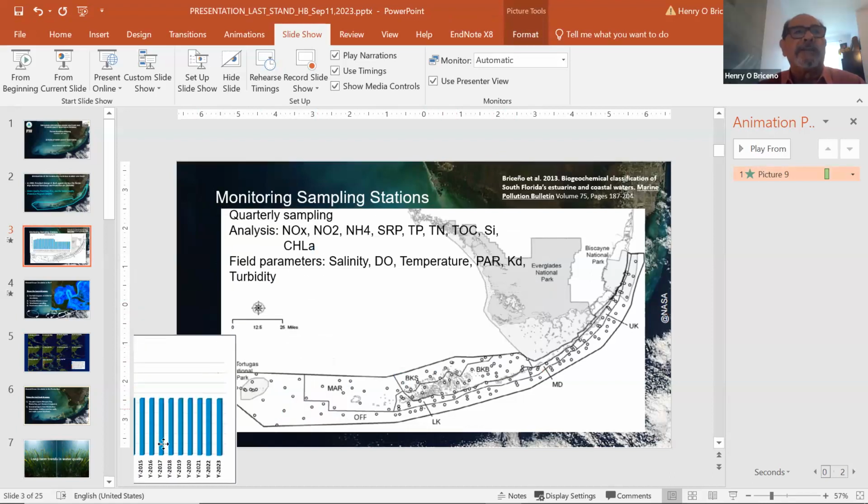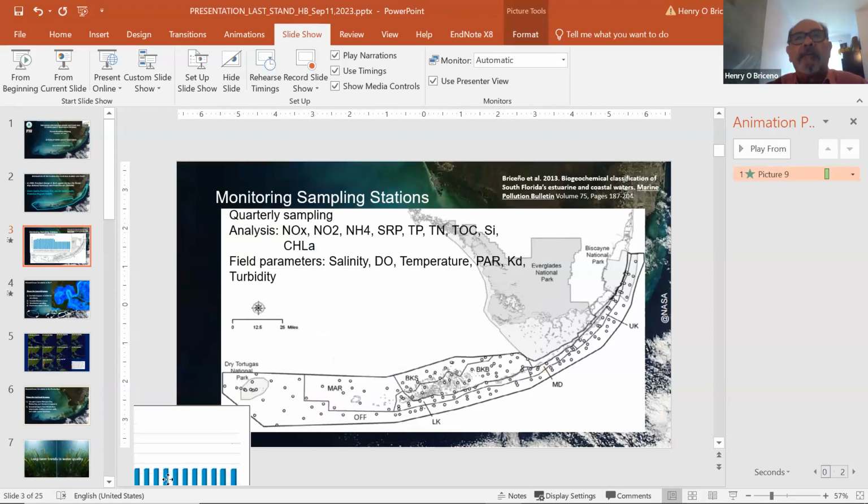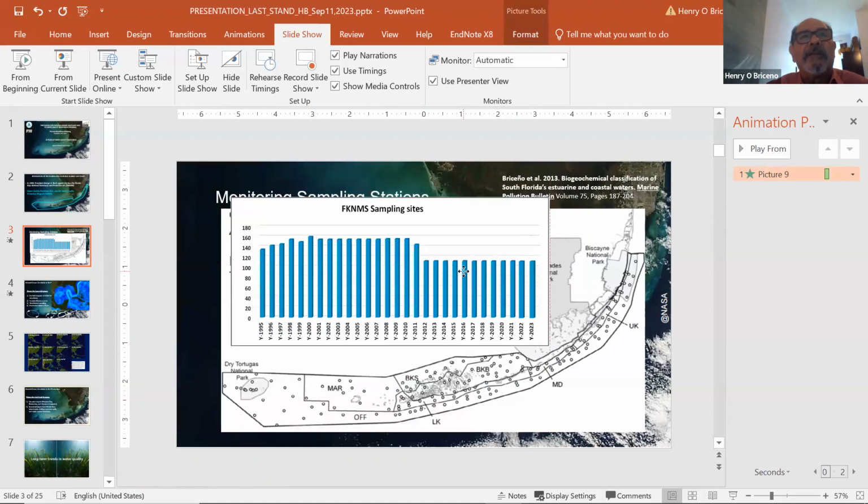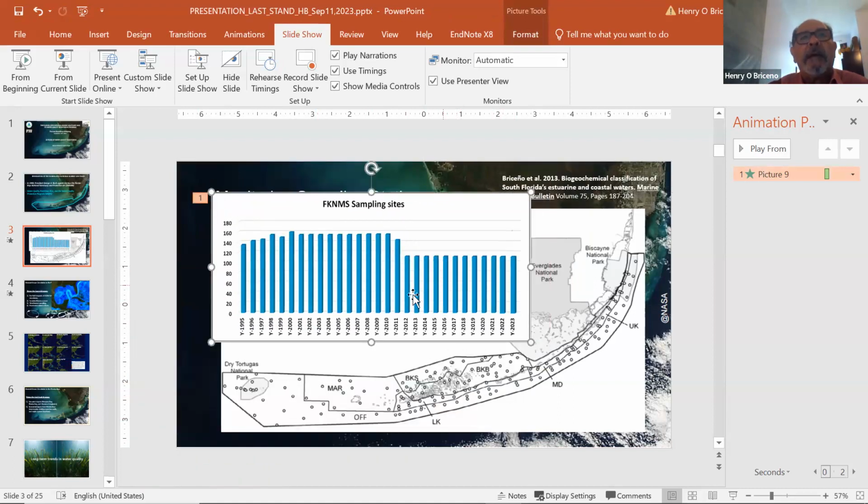Okay, so listen, we have these monitoring parameters that we work on for all these years. And that's the number of stations that we have had. Right now we only have 112 stations. The program has been squeezed because of budget cuts.